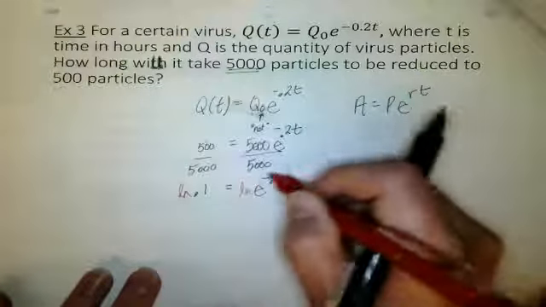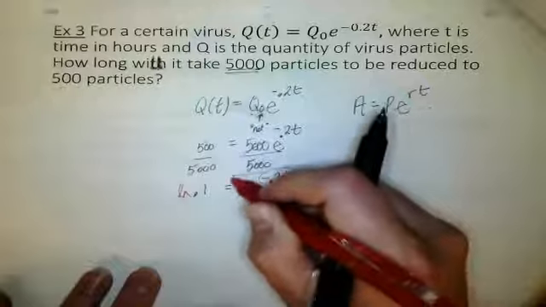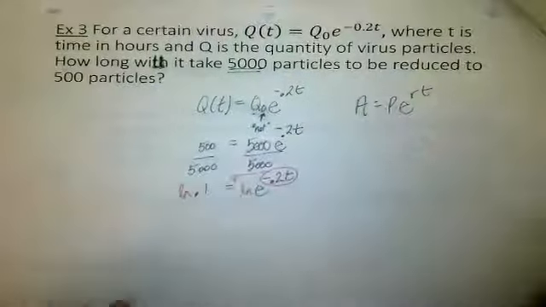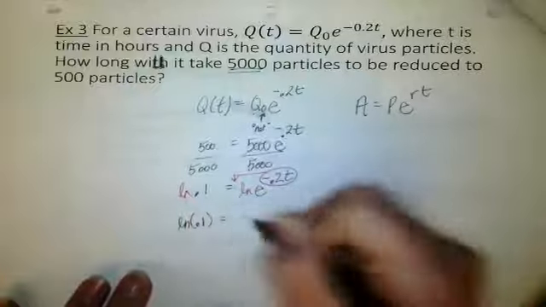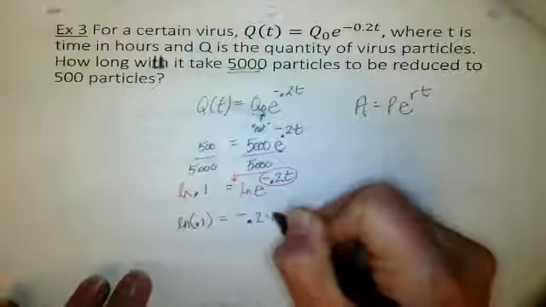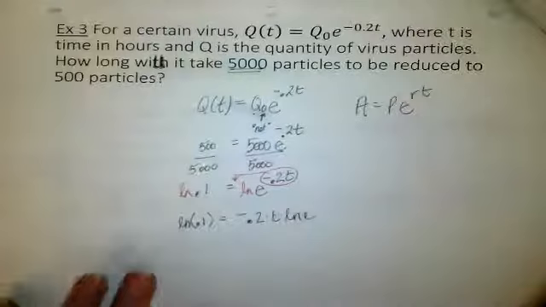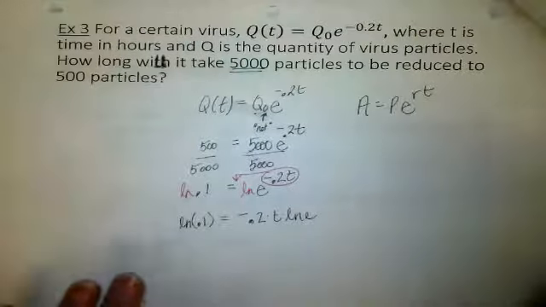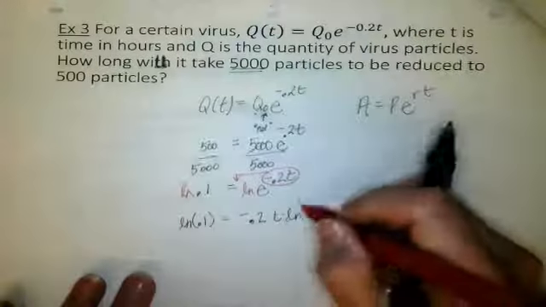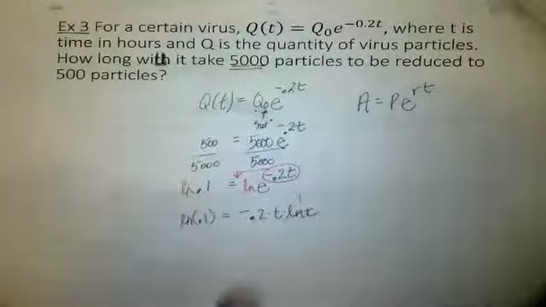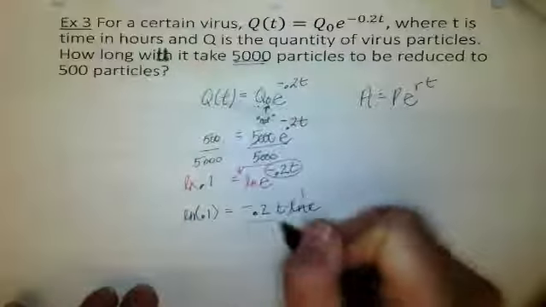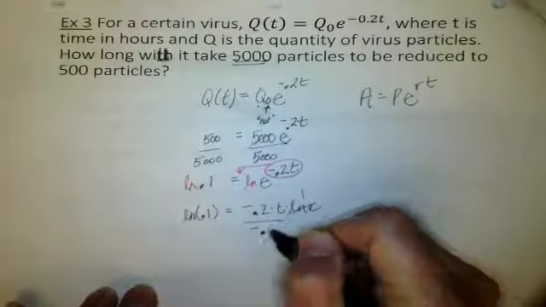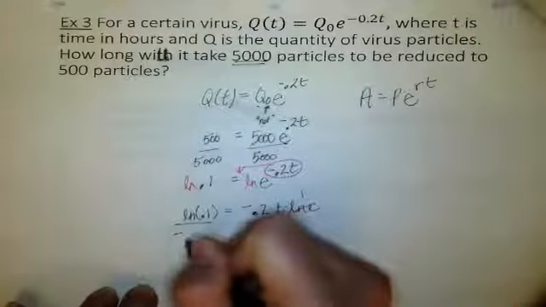Natural log. Very good. Natural log is gonna cause us to drop our power down. So natural log of 0.1 equals negative 0.2 times t times the natural log of e. What is the natural log of e? 1. And then how do you get t by itself? Divide by negative 0.2.